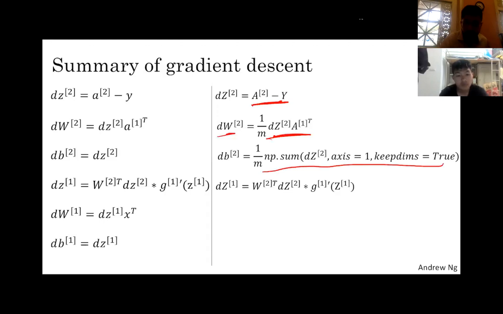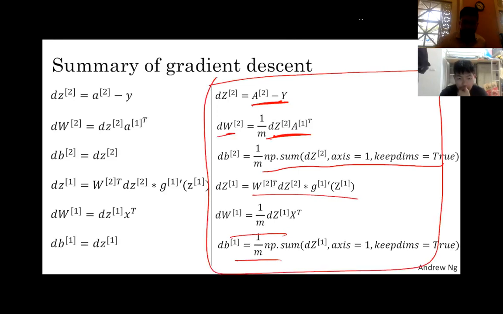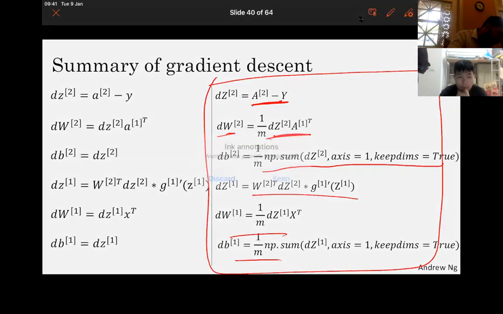So these are the exact expressions that we would implement in code today. DZ1 is this, and DW1 and DB1 are these. So we will implement these exact expressions for a 2-layer neural network. Okay. So again, the entire setup would be something like this.